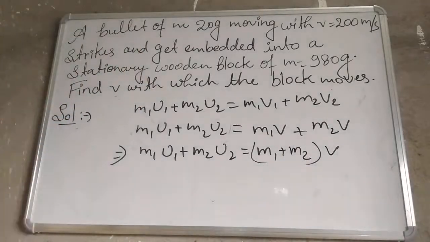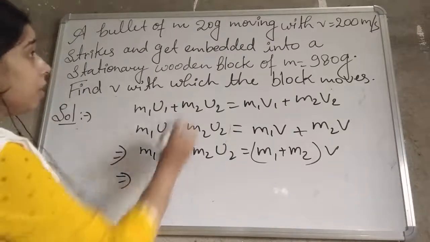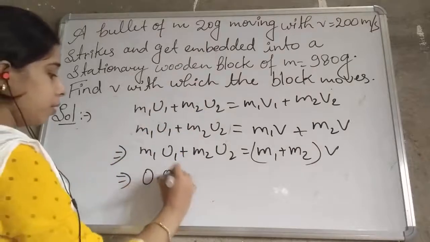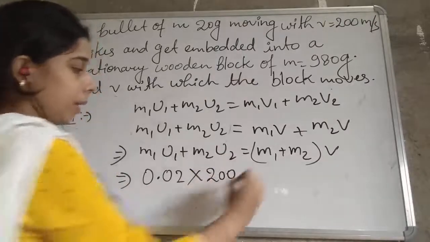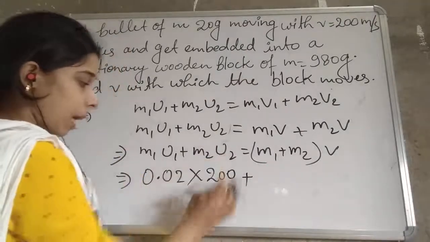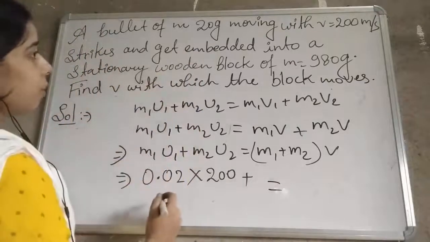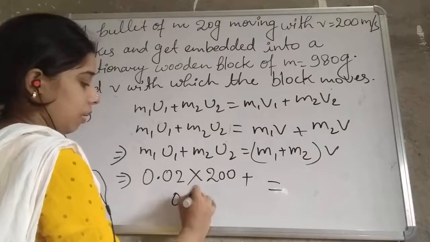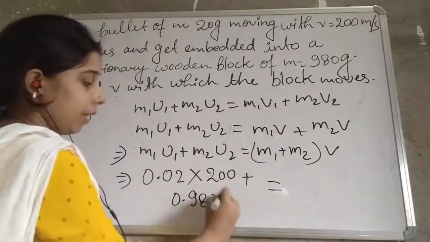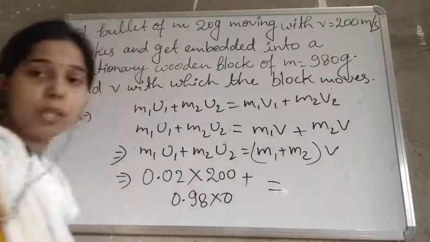Now by putting the values we will get the answer. So m1 is equal to what student? m1, that is 0.02, into u1, which is 200, plus m2 u2. I am writing m2 u2 here so that you will understand. m2 is 980 gram, that is 0.98 kg, into u2. It was initially at rest, so that will be equal to 0.